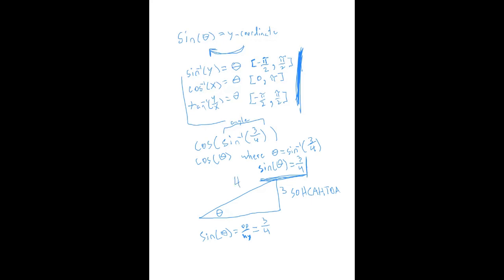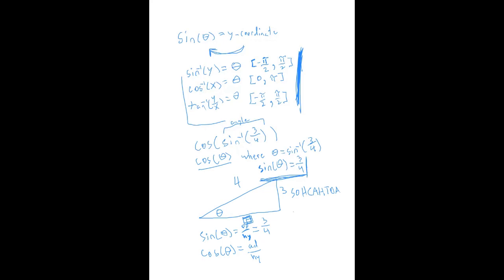Well, cosine is what we're looking for. Cosine of theta is what we need. And that is supposed to be the adjacent over the hypotenuse.